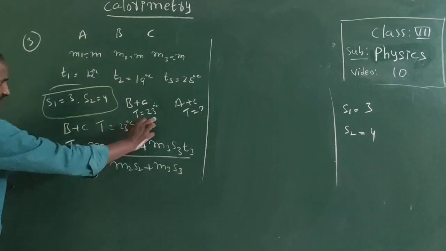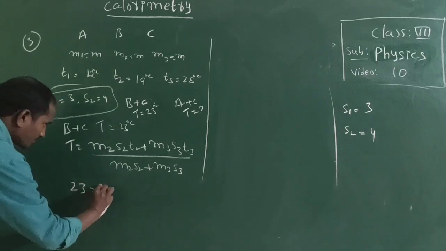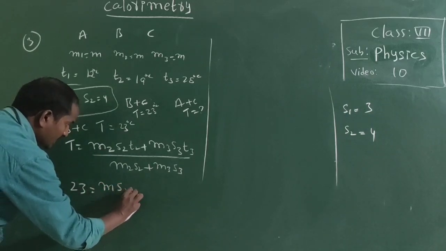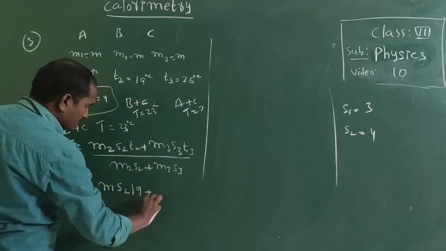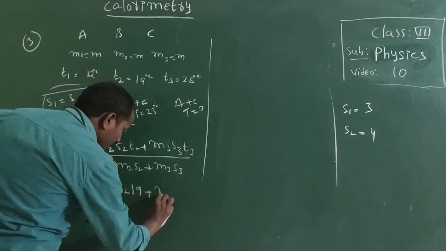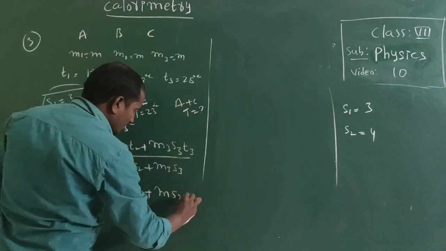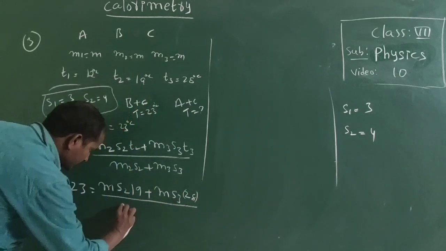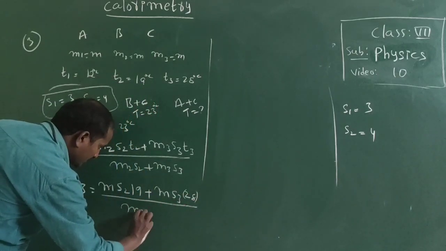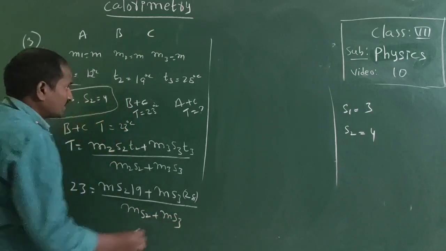So 23 equal to M into S2 into T2, that is 19, plus M into S3 into T3, that is 28, by M into S2 plus M into S3.